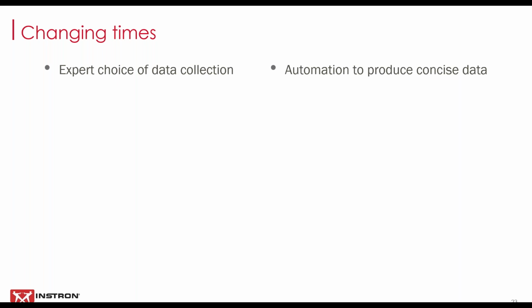Whereas today, we have far more expectation that we can automate that to produce nice, concise data. People would have expected expert assessment of the data. But today, realistically, it's perceived as something far more, ironically, standard, and the expert in the laboratory would only be supervising and reviewing results, perhaps.